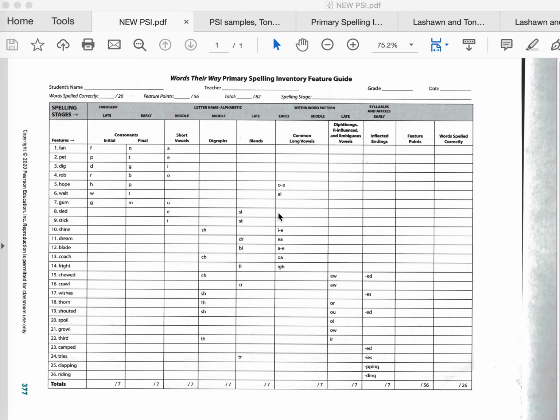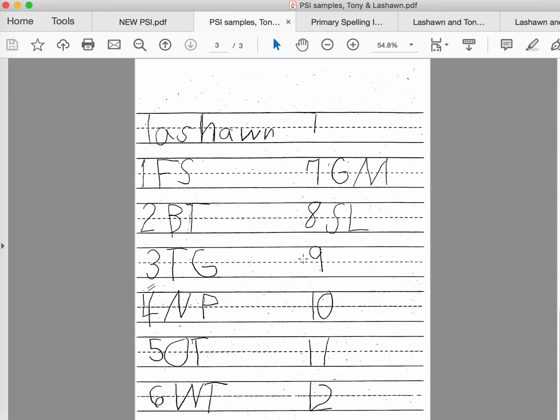Then print out the following documents included with this activity. Number 1, the PSI blank feature guide, which is this one I'm showing you on the screen. Print 2 copies, one for each student. Number 2, the PSI spellings for LaShawn and Tony, which is this one.